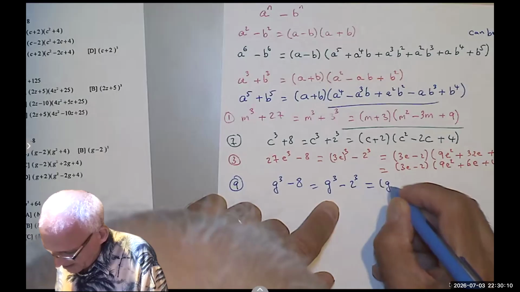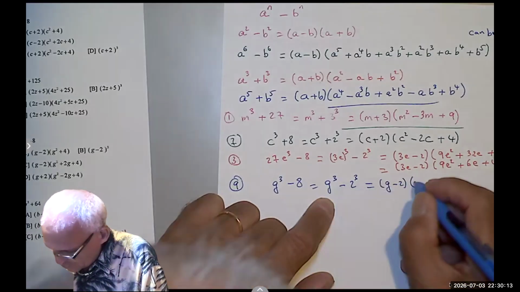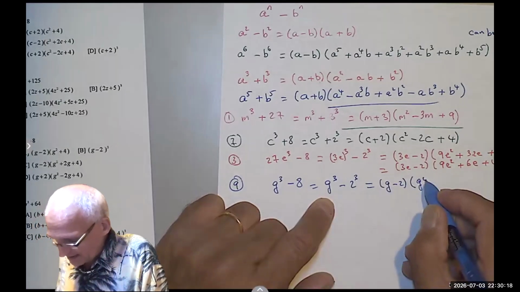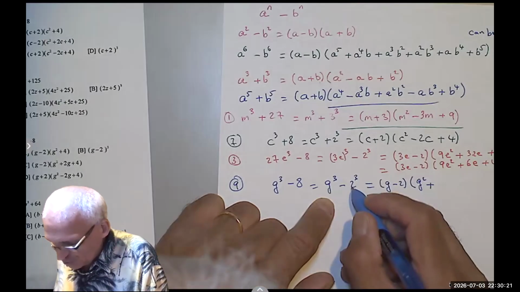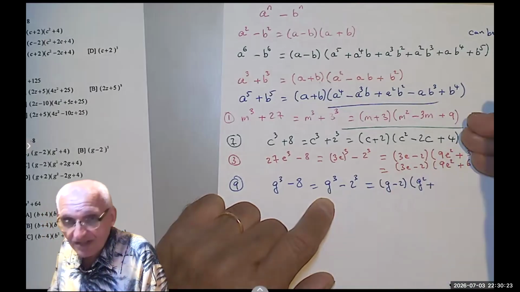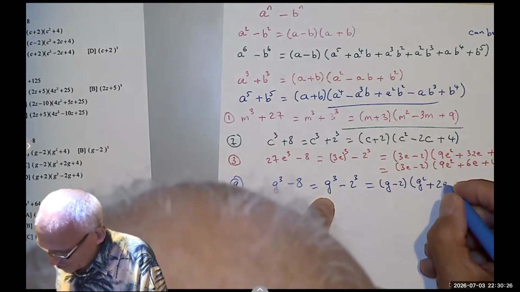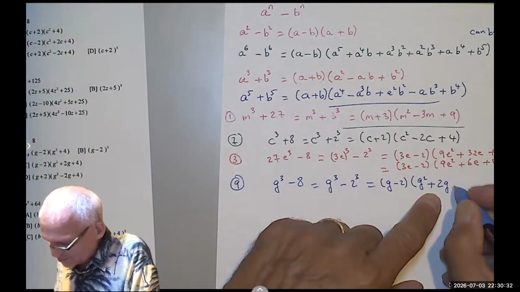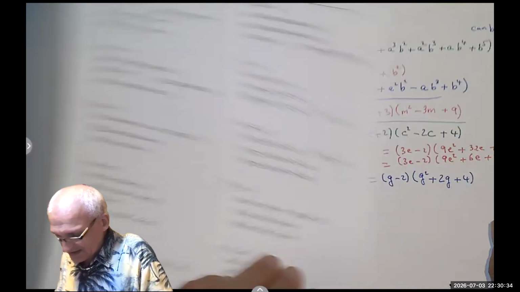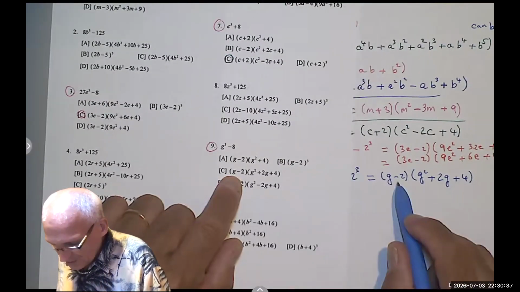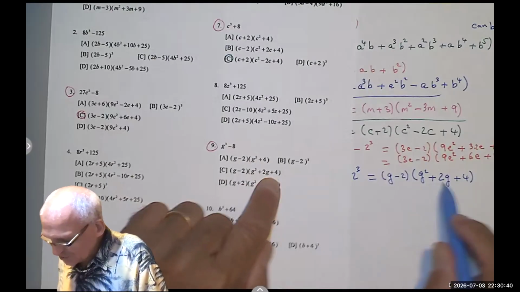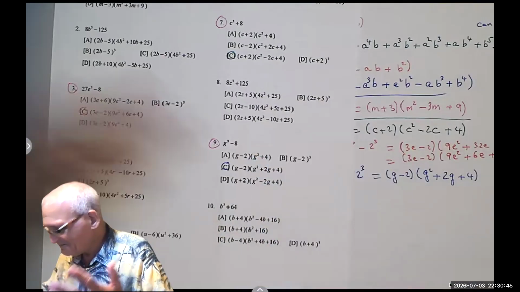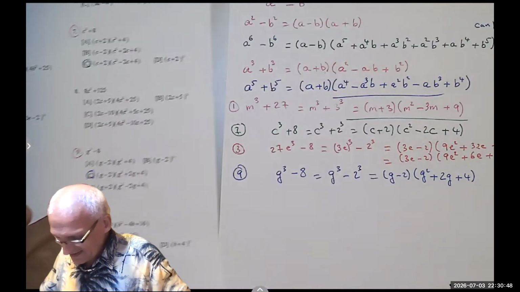So it's G minus 2, you get G squared, then you drop the G power by 1, it becomes G, and you bring 2, there was no 2, so you increase the power to 1, so that becomes 2G. Then you drop 1 from the power of the G, it disappears, the 2 becomes 2 squared or 4. Very easy. G minus 2, G squared plus 2G plus 4. It seems like all of them are C. Don't do that in the test. But I picked ones that were all C's.